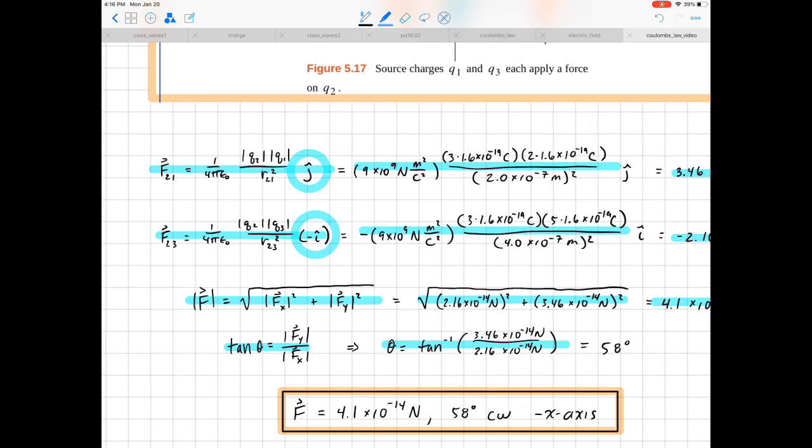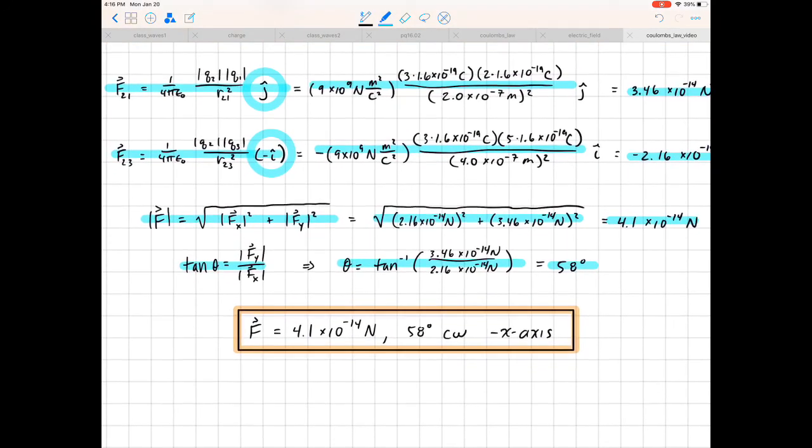And so I can solve for theta just by doing the inverse tangent, and I get 58 degrees, which allows me to write out the net force on my charge 2 as the magnitude, 4.1 times 10 to the negative 14 newtons, and then the direction, 58 degrees clockwise from the negative x-axis. And that is the answer to this particular problem.